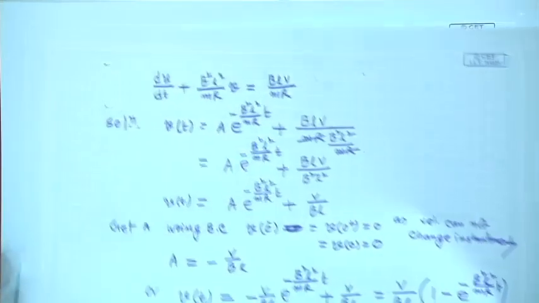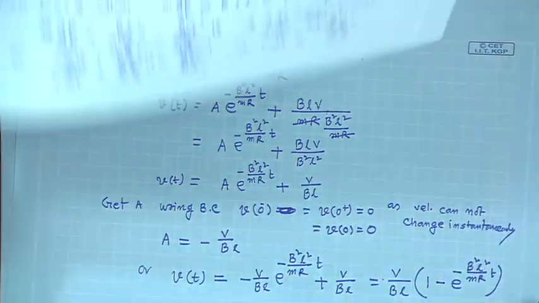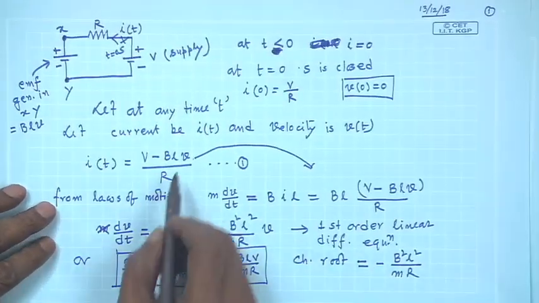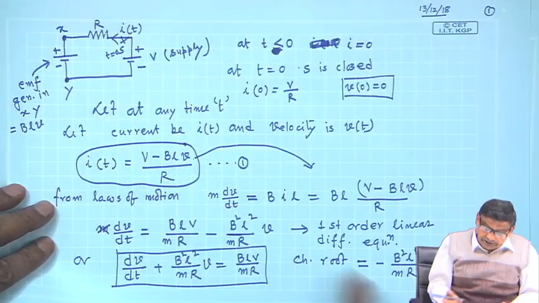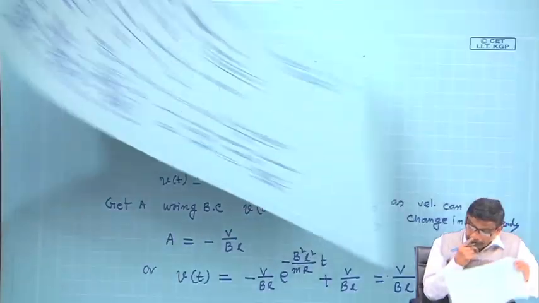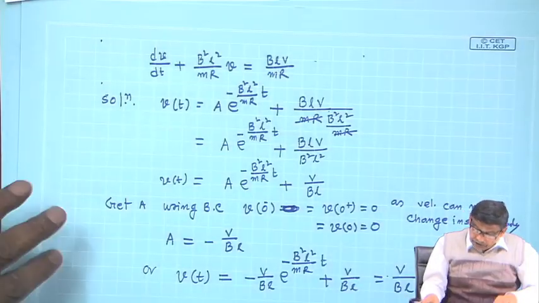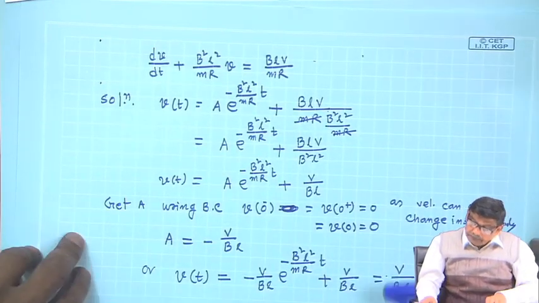Once I get the expression of the velocity, the expression of the current can be found out from this. I will put this expression in this equation.